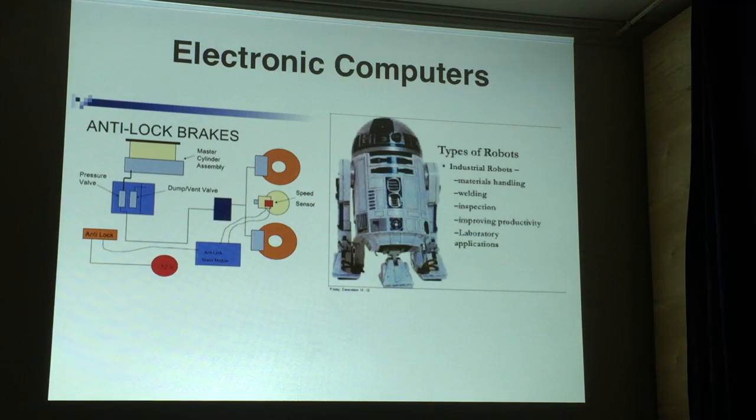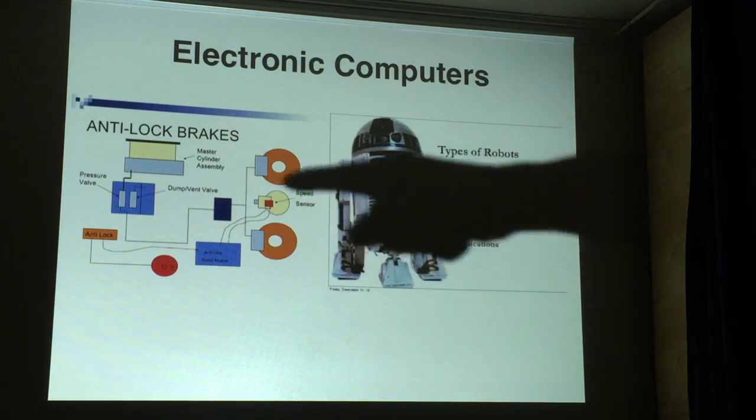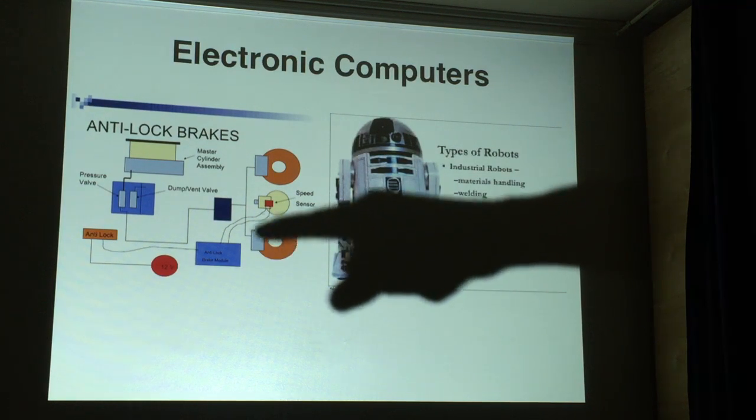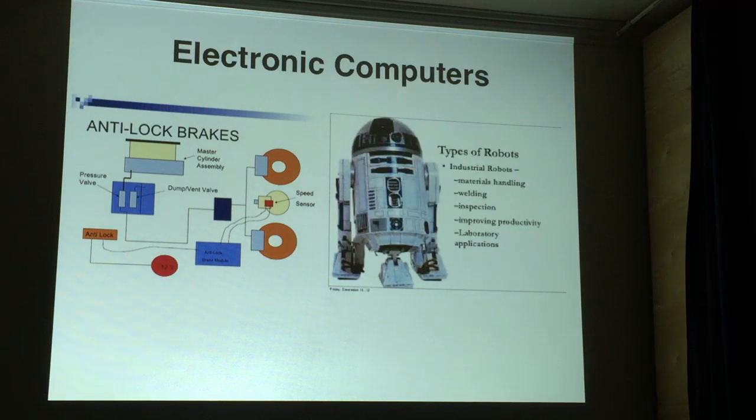I'm going to finish up here with a couple of practical uses of computers. There are obviously more practical uses than what I'm going to talk about here. On the left, you have a simple schematic for an anti-lock brake system. What an anti-lock brake system does is it senses, here a sensor is an input device, the speed of the vehicle and the speed with which the wheels turn.